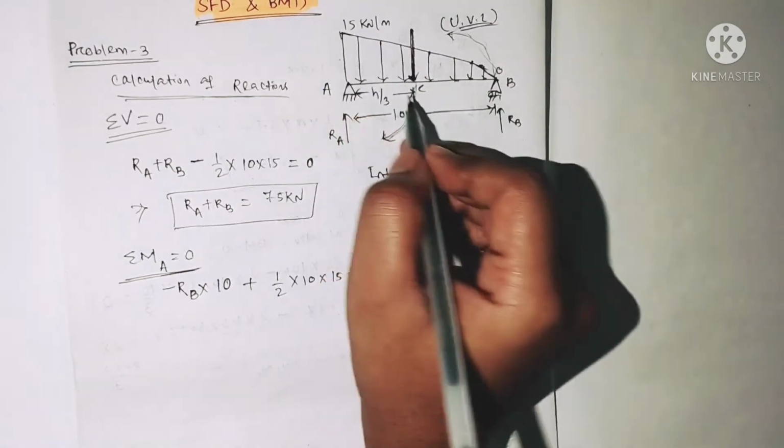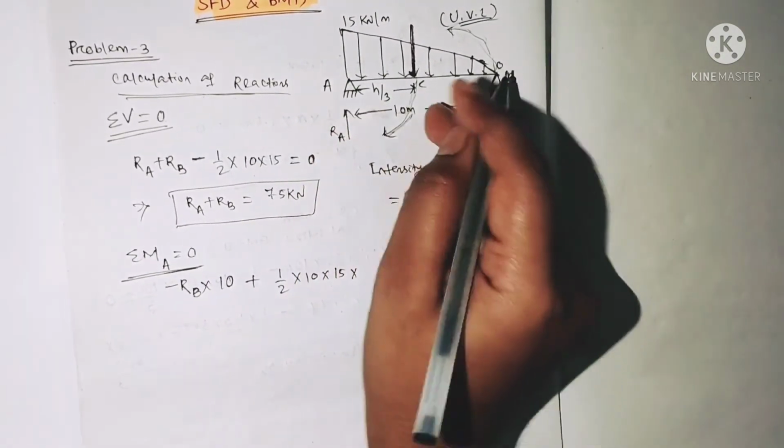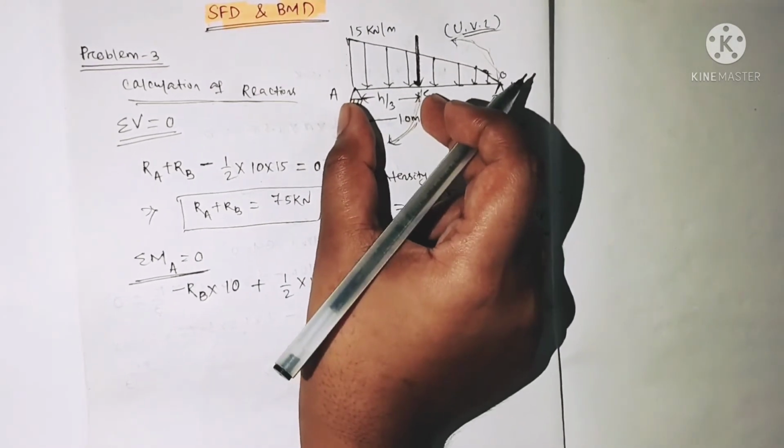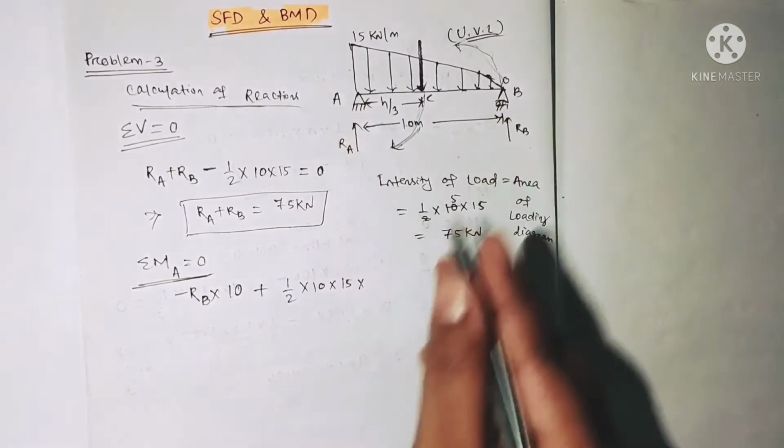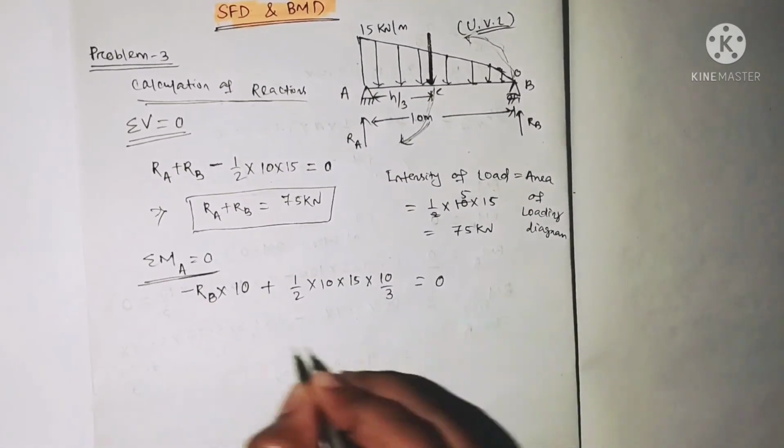In a triangle the force is acting at its CG, so from the base the distance of CG is h by 3. Here h is 10 meter, so distance will be 10 by 3, and that equals 0.